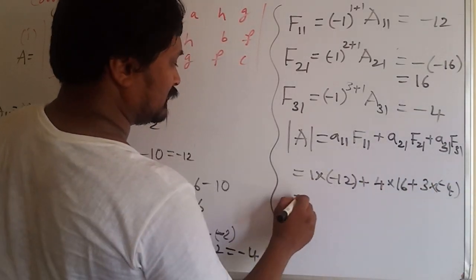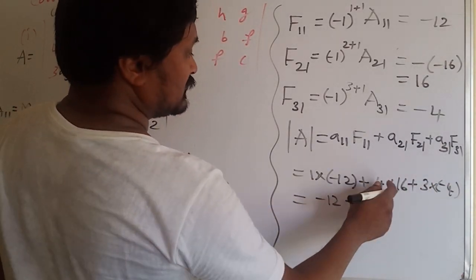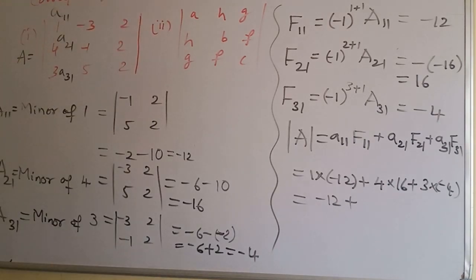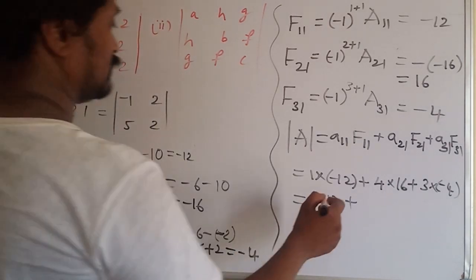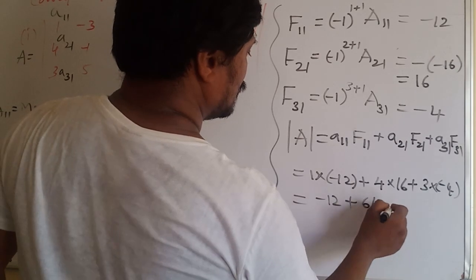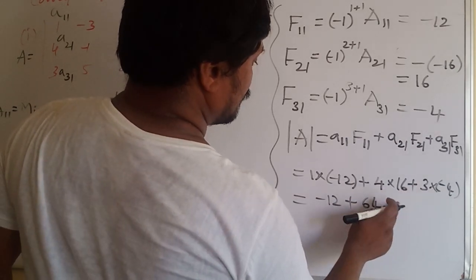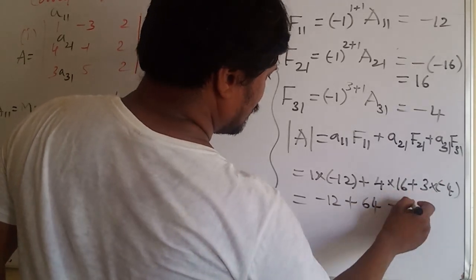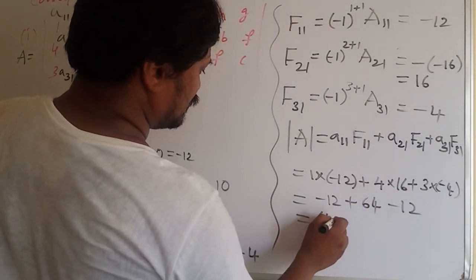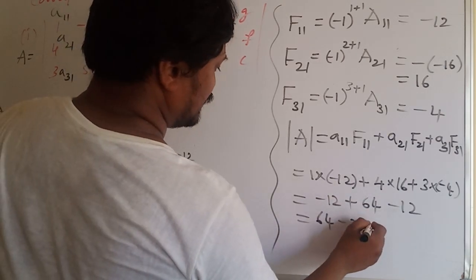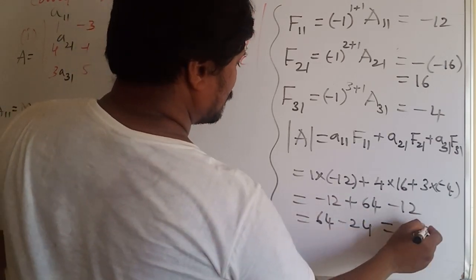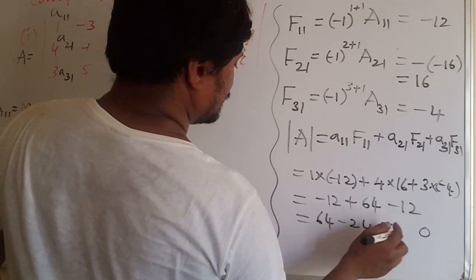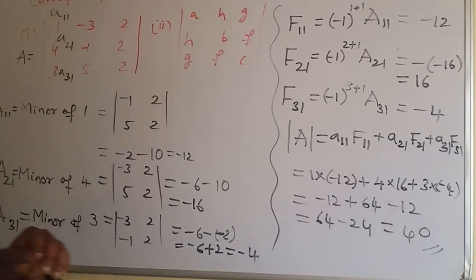You multiply: -12, plus 16 fours are 64, plus, sorry, plus into minus is minus, 3 fours are 12. So 64 minus 12 minus 12 minus 24, so 4 minus 4 is 0, 6 minus 2 is 4, giving 40. So you get 40.